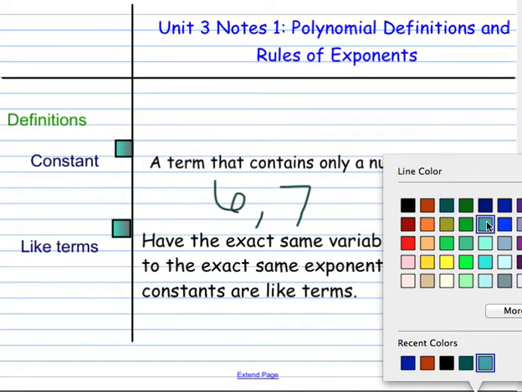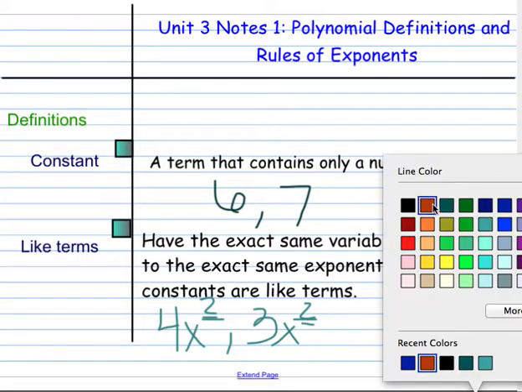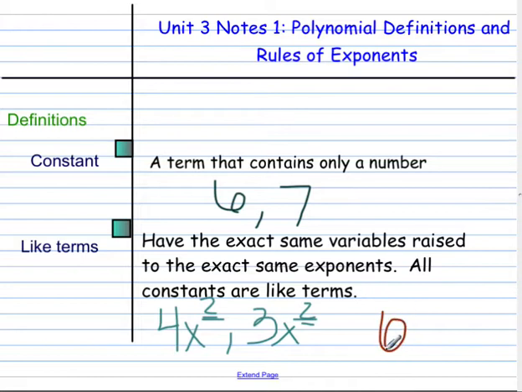For example, we could have 4x squared and 3x squared. Those two would be considered like terms because they both have an exponent of 2. Likewise, we could do ones that are just numbers, like 6 and 7 from up top. Those constants are also like terms.